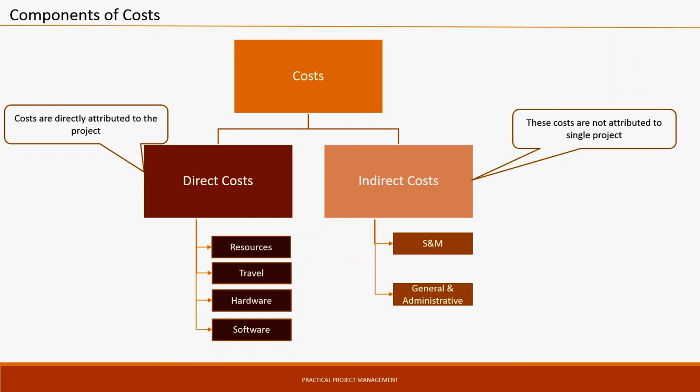Similarly, there might be your finance people, the HR department, or the infrastructure management group which is required for supporting your project. Those kinds of costs that your project has to share will come under the title of indirect cost. So there are two kinds of cost involved in your project: direct cost and indirect cost.